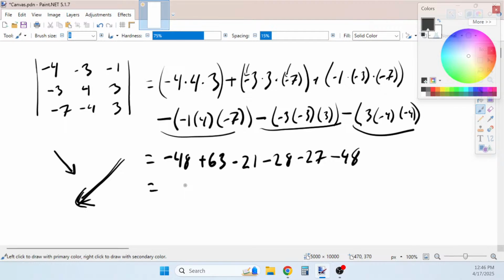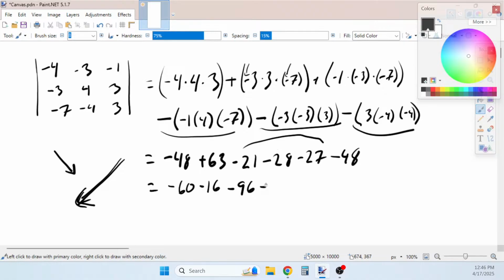I suppose 20 plus 1. Then we have -48. Now combined a lot of the numbers.